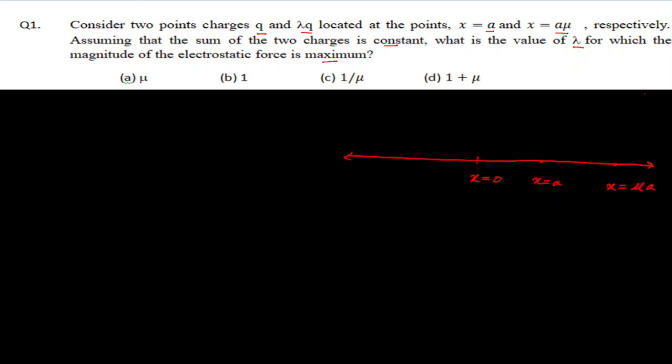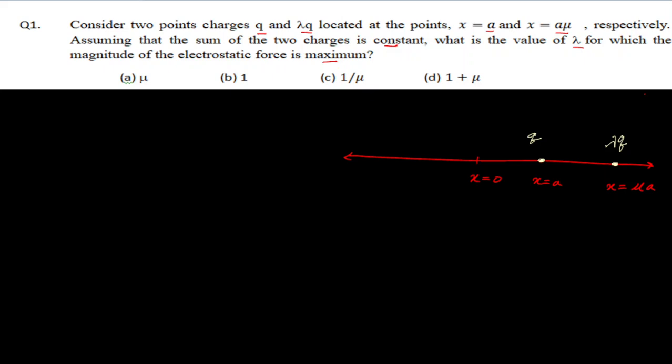On the x-axis we have considered these 2 points. Then 2 point charges are placed at x equals a and x equals mu a, and their charges are q and lambda times q.